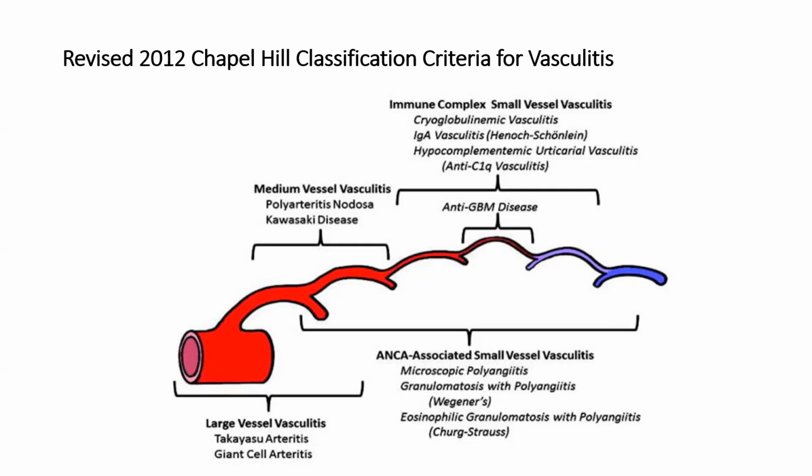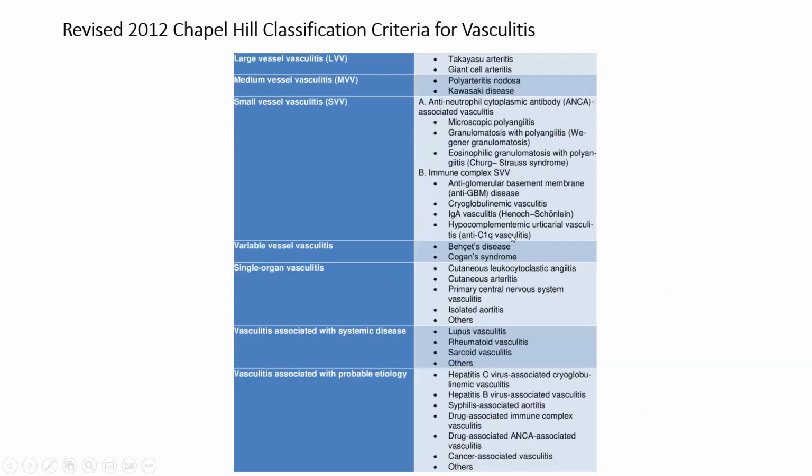The ANCA-associated ones are microscopic polyangiitis, granulomatosis with polyangiitis, formerly called Wegener's granulomatosis, and eosinophilic granulomatosis with polyangiitis, formerly known as Churg-Strauss. Under immune complex small vessel vasculitis, you've got cryoglobulinemic vasculitis, IgA vasculitis, formerly called Henoch-Schönlein purpura, and hypocomplementemic urticarial vasculitis. And then we've also got anti-glomerular basement membrane disease, which occurs mainly at the capillary level.